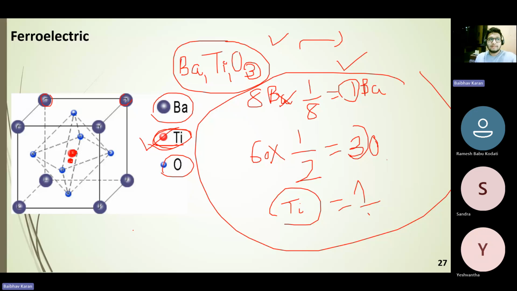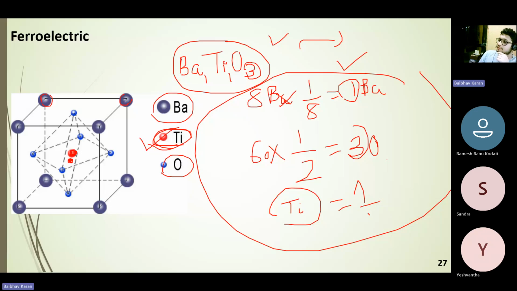When we define BCC and FCC, we define all the atoms as the same. The face-centered atoms will be the same as the corner atoms, and the body-center atom will be the same as the corner atoms, right? But here everything is different. All the atoms are different.